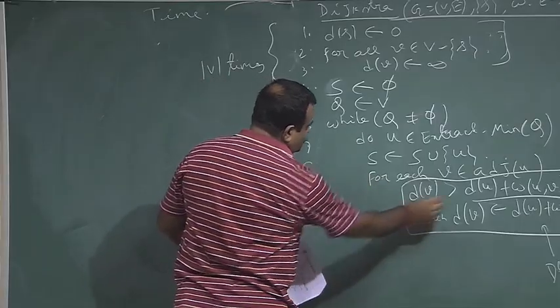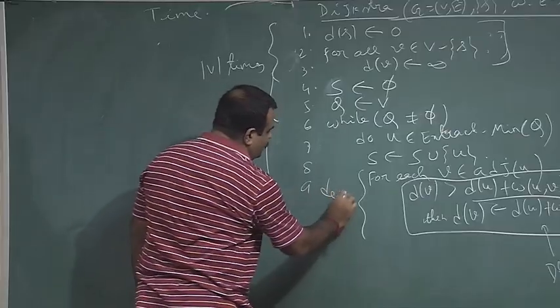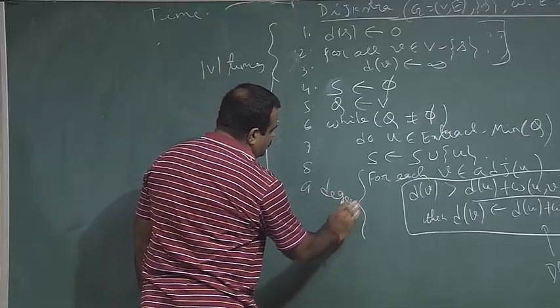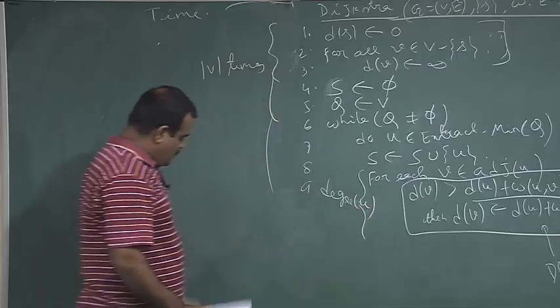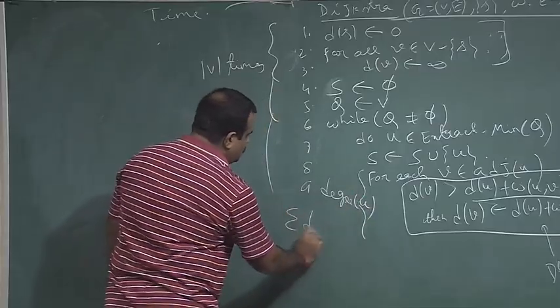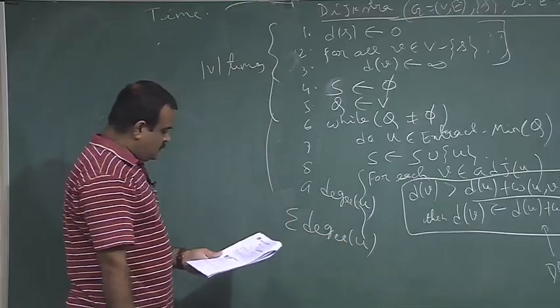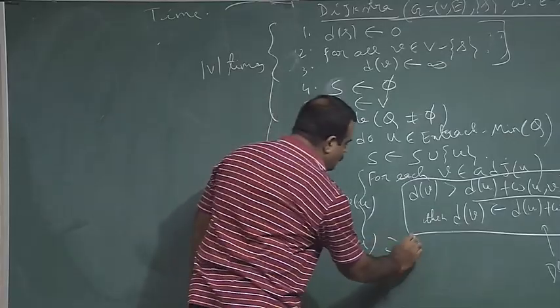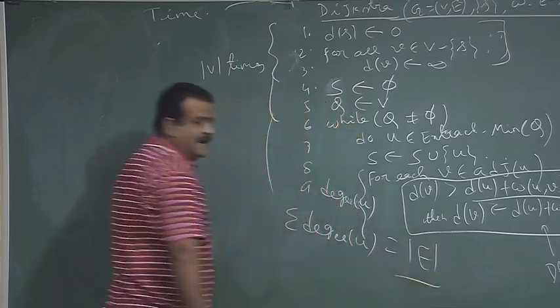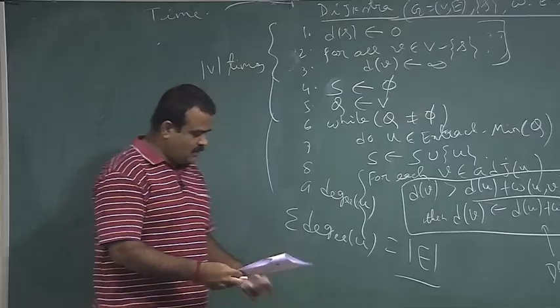For each of these adjacency lists, this loop is basically the degree of u. If we take the sum of this degree of u, this gives us order of E by the handshaking lemma. This can be proved. So, the sum of the degree is order of E.